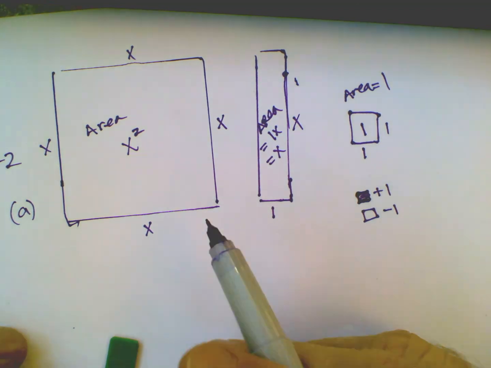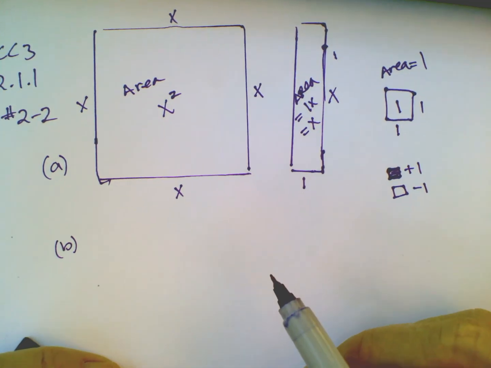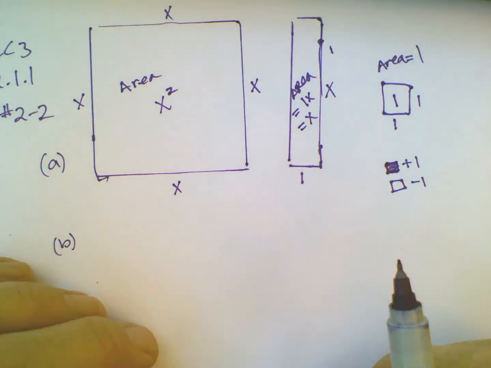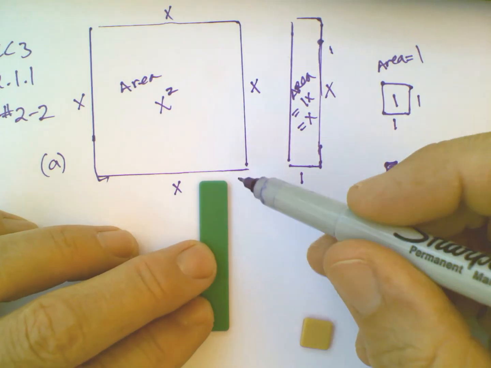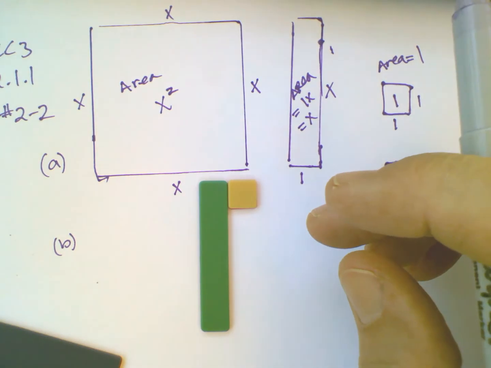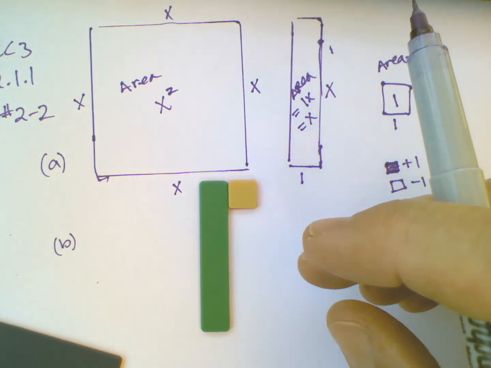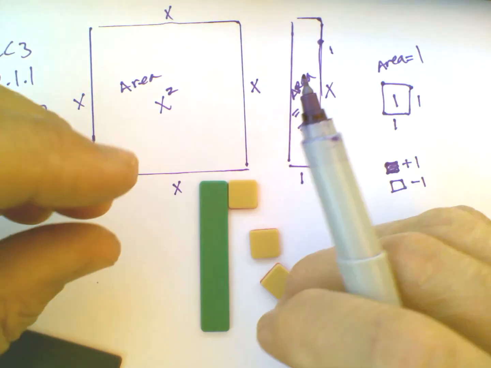Then part B says, can you use the unit tile to find the other lengths? The answer to that is no, because the length of this tile here is x. They're not meant to line up and be measured.